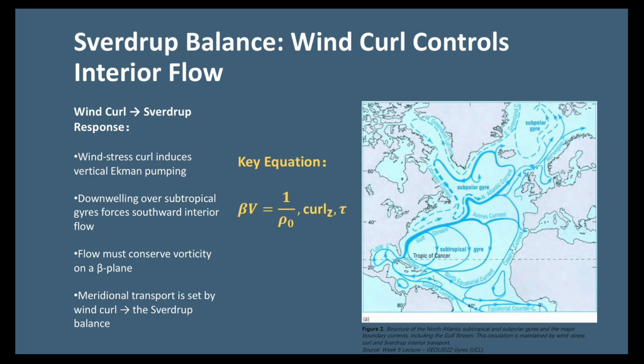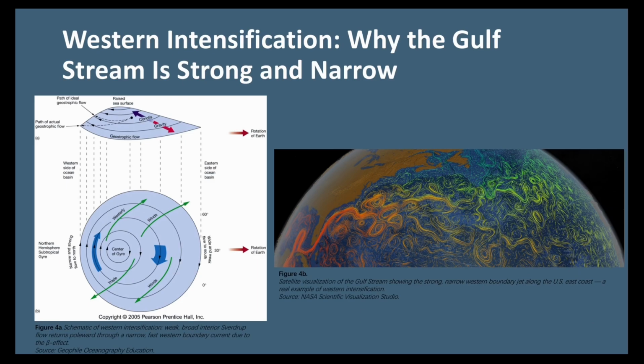shown in Figure 2. Figures 4a and 4b show how western intensification develops. Figure 4a illustrates that the interior flow is wide and weak, but the return flow becomes narrow and fast on the western side of the basin. This happens because the increase of the Coriolis effect with latitude forces the adjustment to occur in a thin western boundary region.